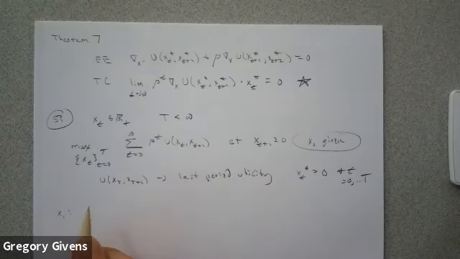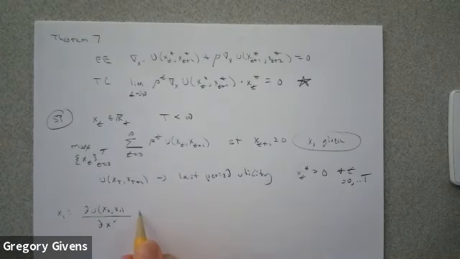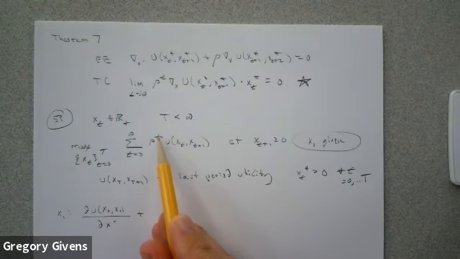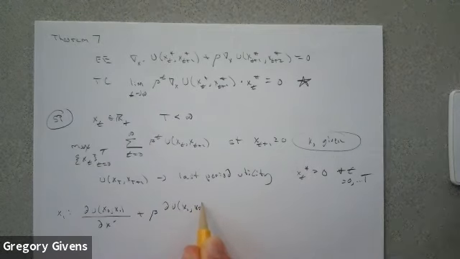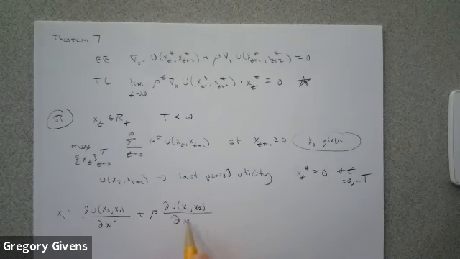So it would be the partial of u(x0, x1) with respect to the second argument, and that's a beta to the 0, so there's no beta there, plus beta to the 1 times the partial of u(x1, x2) with respect to the first argument. That has to be equal to 0. You see how I did that?